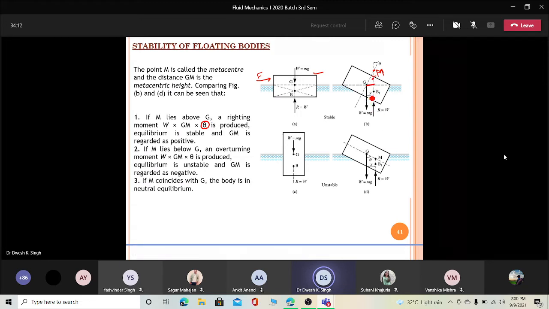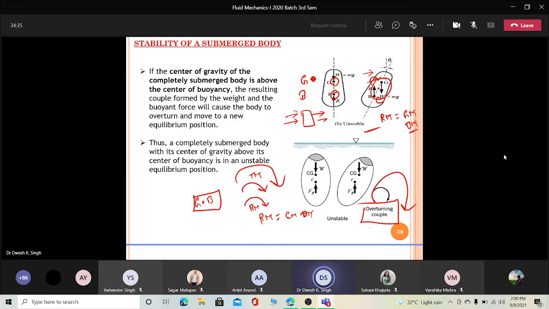Okay. When theta is positive it will be a stable condition. And the main point of this stability is when G is above the buoyant force. Now look at here, the initial condition is that G is above and B is lower.